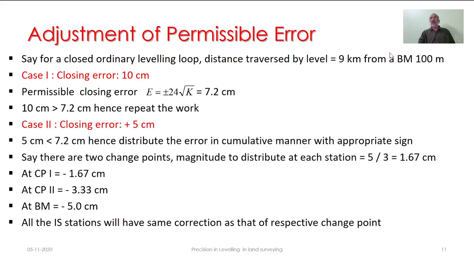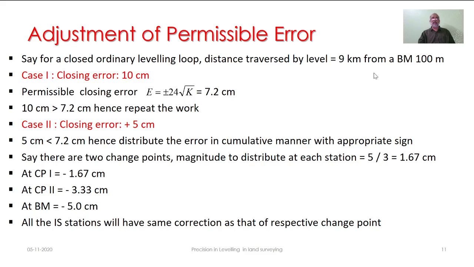as well as having known the initial value of the benchmark and the value computed at the time of closure, you will be able to determine the error that is actually involved in that particular leveling assignment.